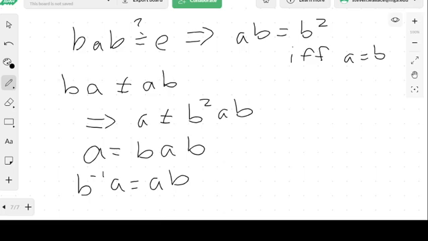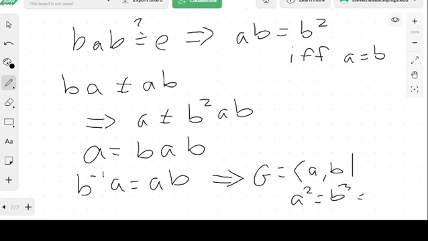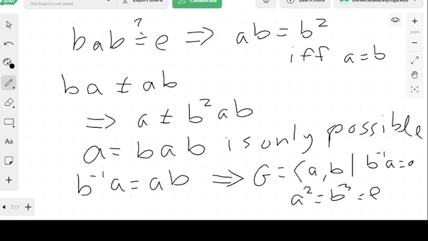So in other words, G is equal to the group generated by two elements A, B, so that A squared equals B cubed equals the identity, and B inverse A is equal to AB.